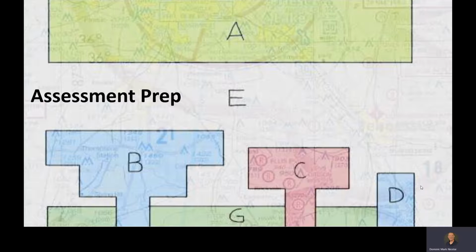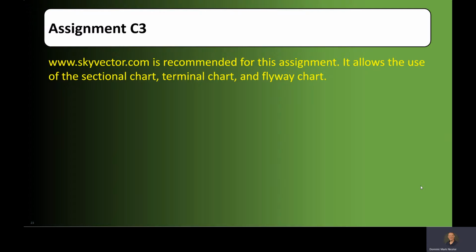And we're going to just pick a simple area of Michigan City through South Bend through Elkhart, Indiana for it. When you do this one, I do recommend skyvector.com. Oh, if you want to use ForeFlight, go ahead. You'll probably get things wrong, but that's okay. You're the captain of your grade, right? I like SkyVector because it's very easy to get all the different charts that you need for this assignment.